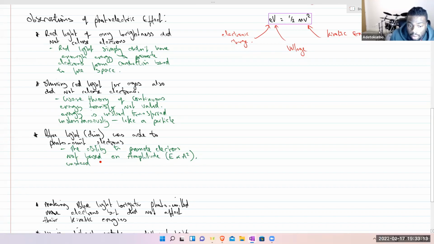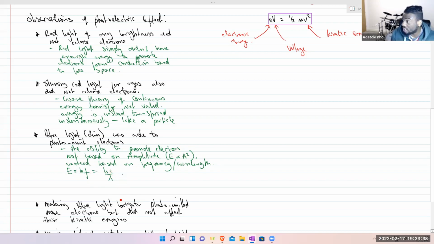Instead, it is based on frequency or wavelength. So even dim blue light was able to photoemit electrons. So we now have E equals hf or hc over lambda.